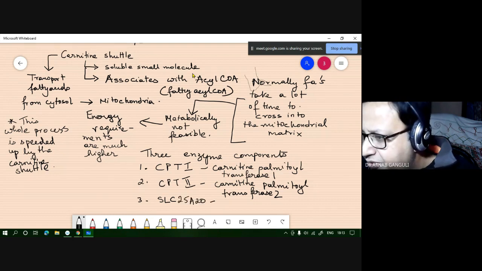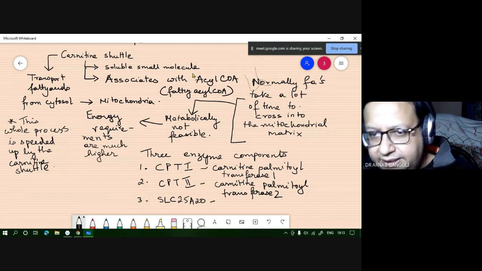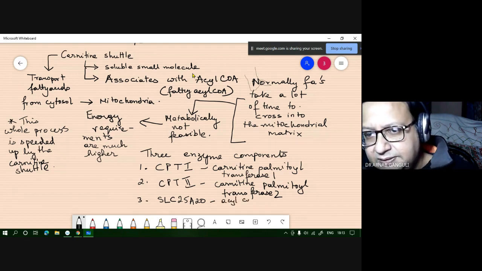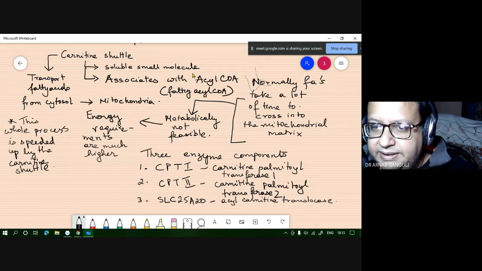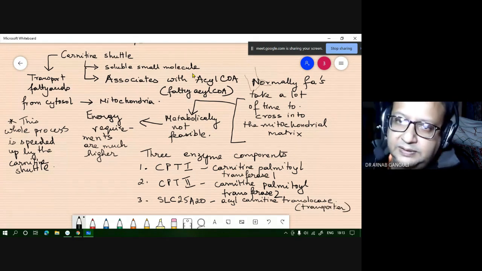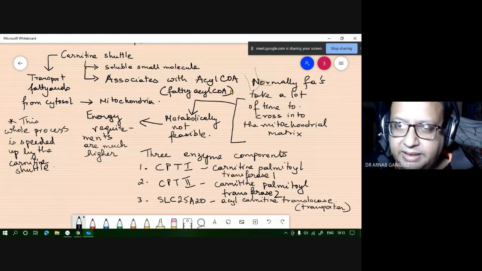It is also known as acyl carnitine translocase. Basically, this is the transport. It's a transporter. So let us look at how it looks like.